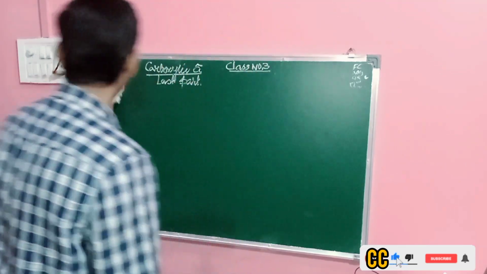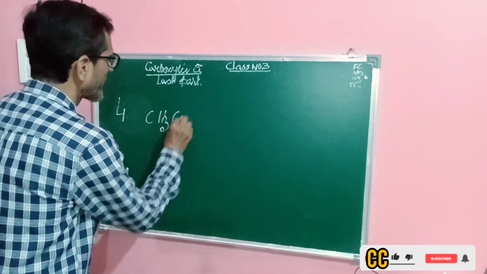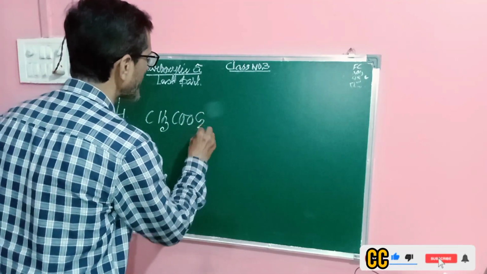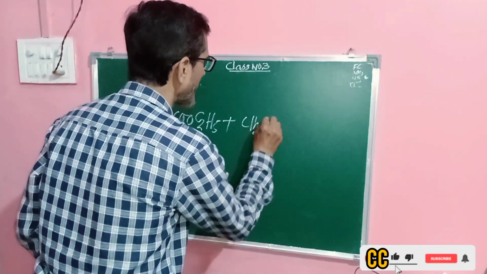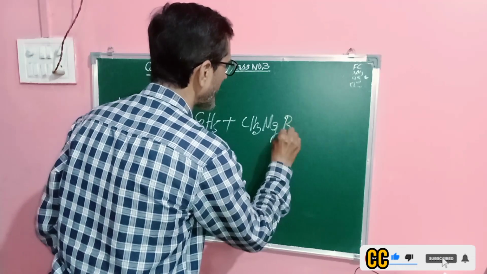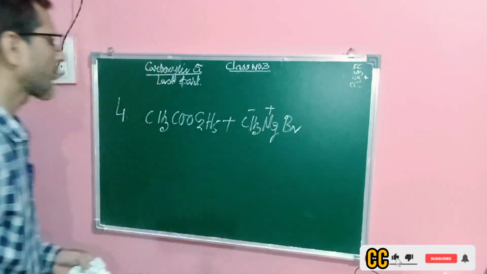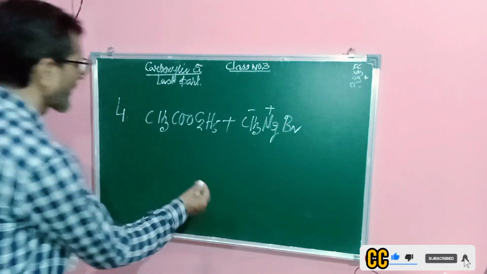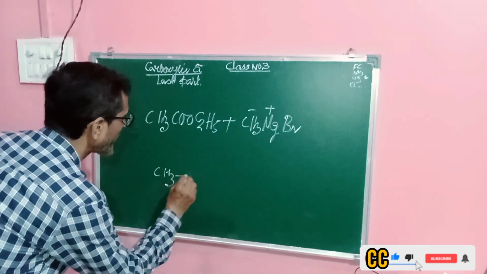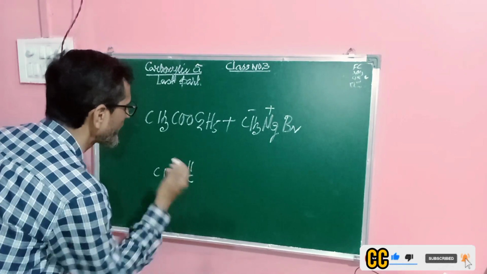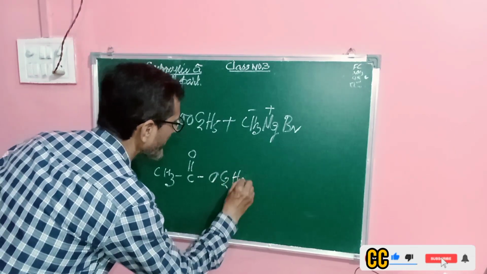Next one: CH3COOC2H5, ester, again with Grignard reagent CH3MgBr. Again the earlier rule applies. Without the rule you can't get the answer; just follow me and you can very easily get the result.